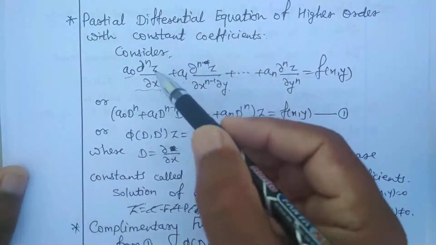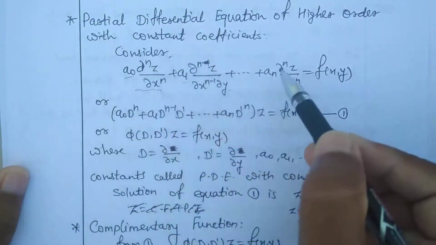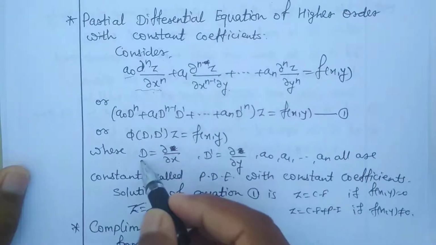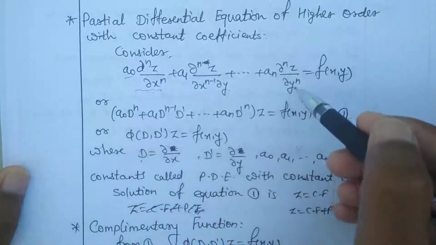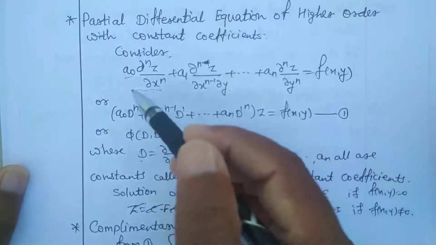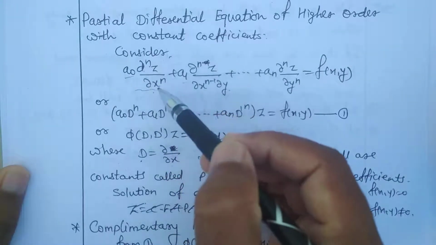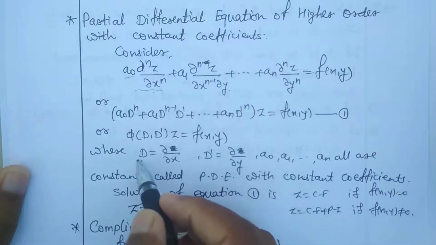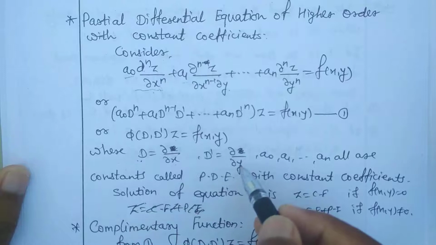Now if you put the value of ∂/∂x equal to capital D, and the value of ∂/∂y equal to capital D dash, that means we are putting the derivative with respect to x as capital D and the derivative with respect to y as capital D dash.